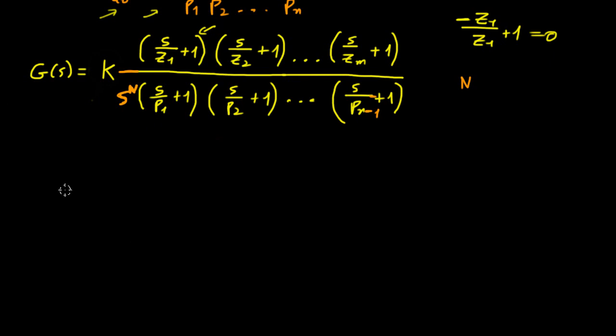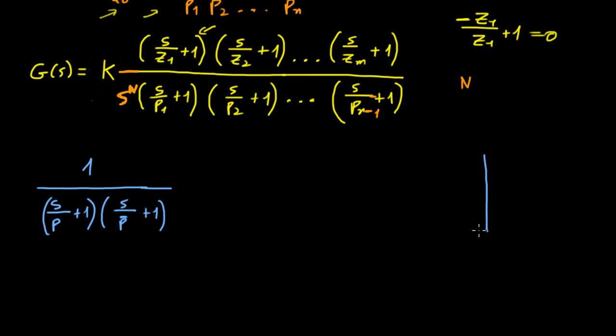So let's think of a system with only two poles, which are complex conjugates, s over p plus 1 and s over p bar plus 1. The poles are here, for example, here.